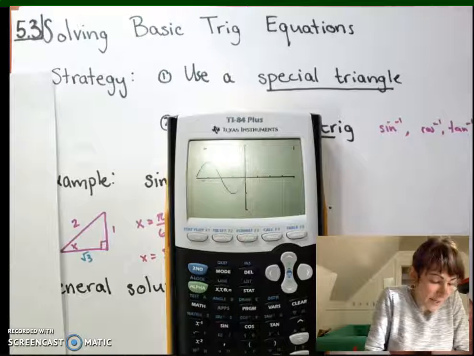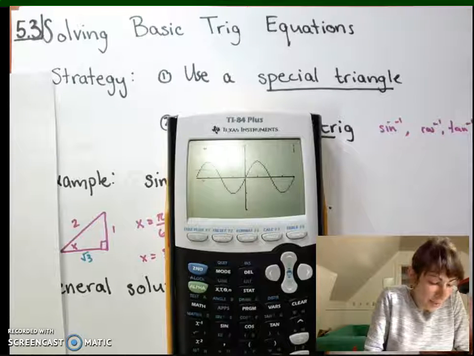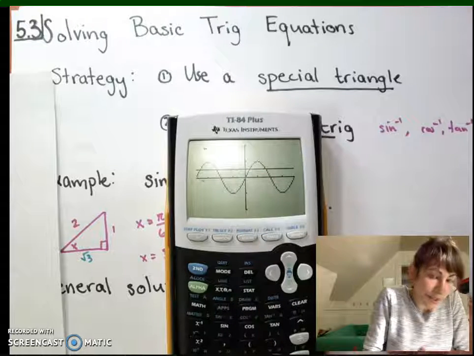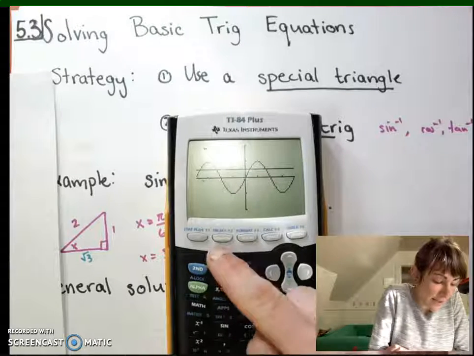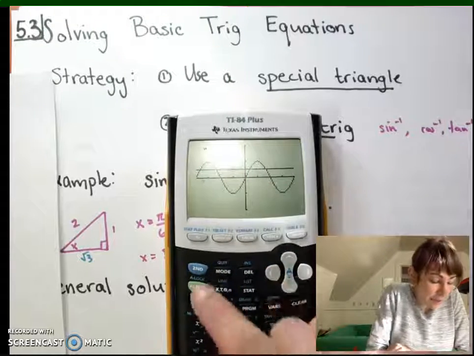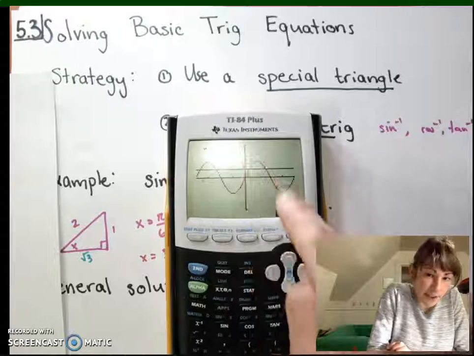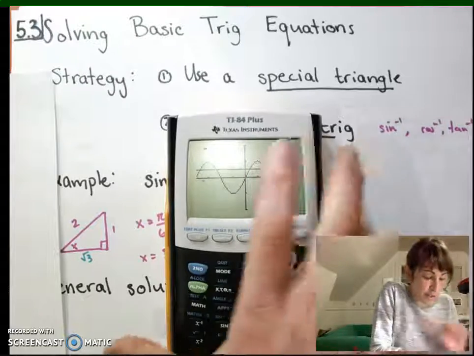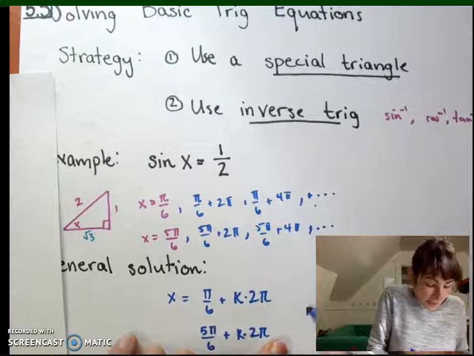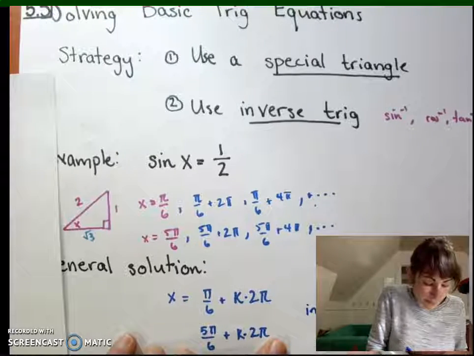So there's sine of x. Here's 1/2. Every time that these two graphs intersect, we're saying sine of x equals 1/2. So how many times does sine of x equal 1/2? Well, infinitely many, because this graph is going to keep crossing over 1/2. So that's what this general solution is really about. There's infinitely many solutions.